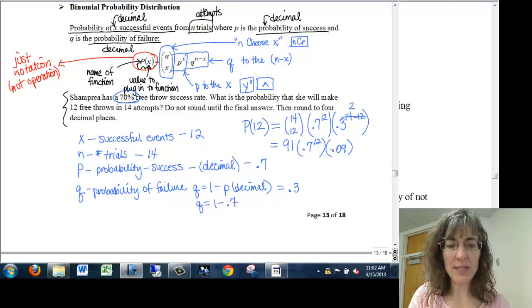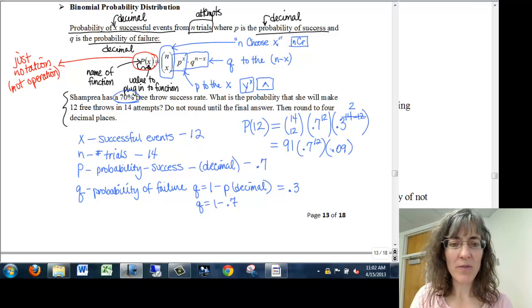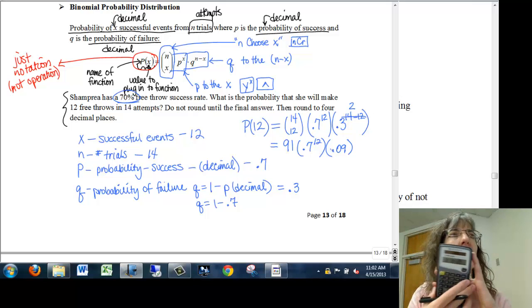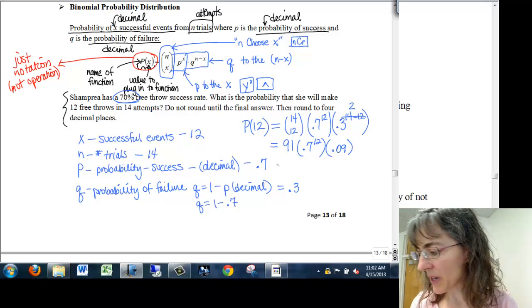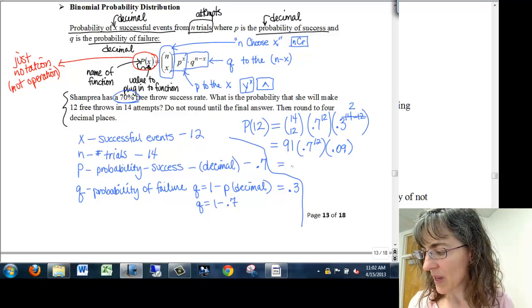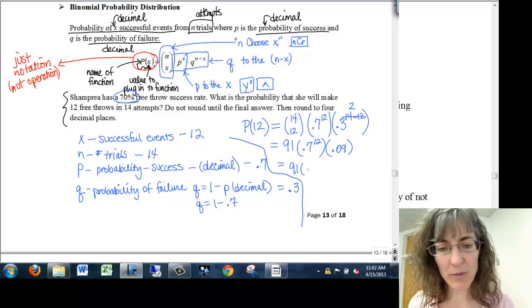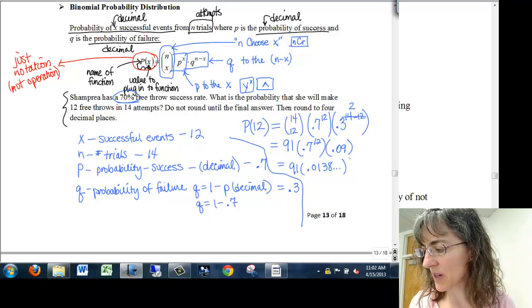So 0.7, y to the x button, or x to the y button, or your caret key to get your exponent, and the 12. Big old long number. Goes on. And then what am I doing with that? I can write down an approximation of it. And it would be 91 times, I'm just going to write down a little bit, 0.0138... because it goes on, times 0.09.